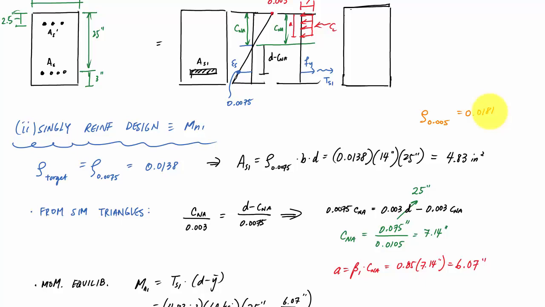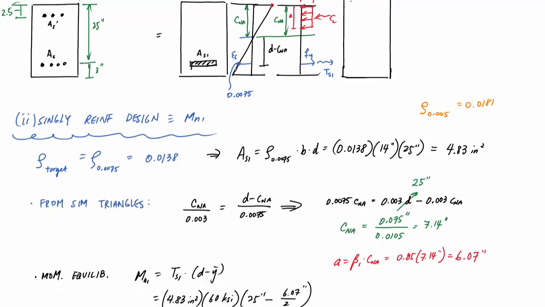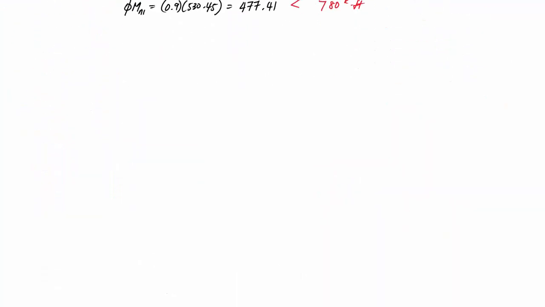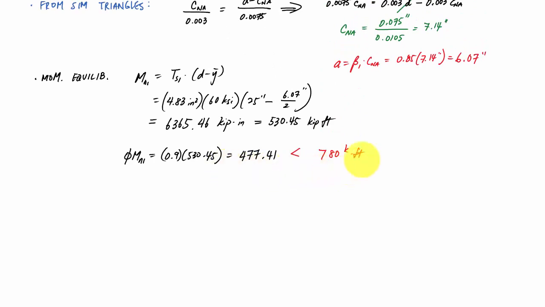I could say I'm going to put exactly 0.005, get the strain to be exactly 0.005, and maybe get closer to 780. I don't think so. It will be close. It might get closer, but I don't know, I never checked. But that would defeat the point if our singly reinforced beam satisfied this.